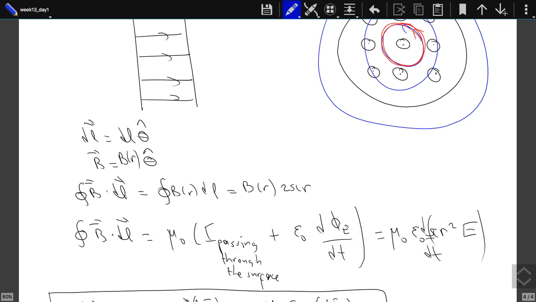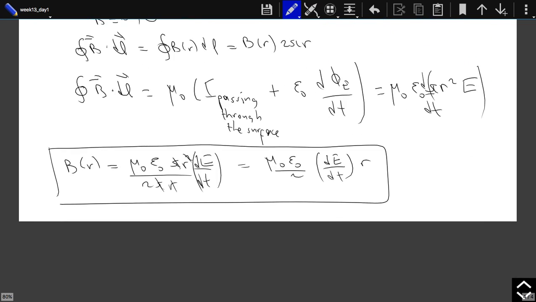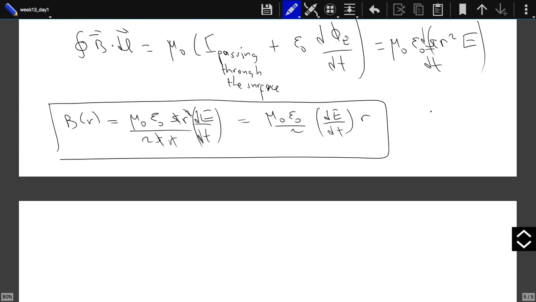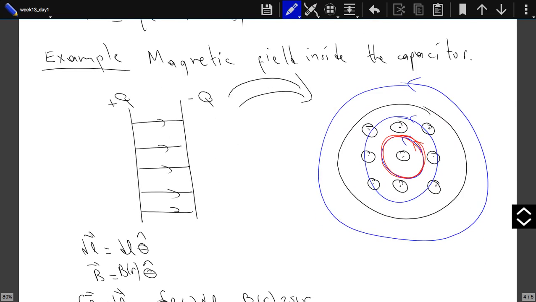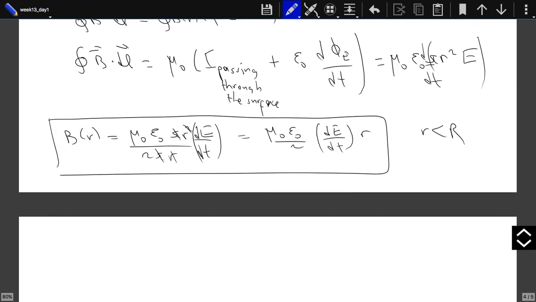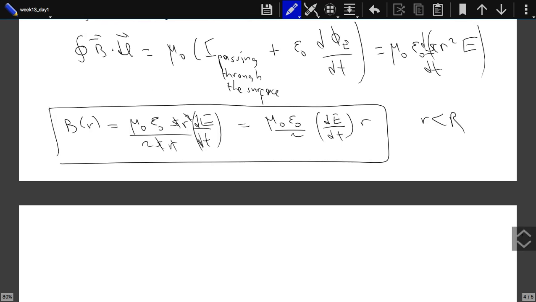What will change will be this one, because the electric field is non-zero only in this area. So the total flux will be just the total area of my capacitor times the electric field. This is if R is less than the radius of my capacitor. If R is larger than the radius of my capacitor, 2 pi R times B will be the same.